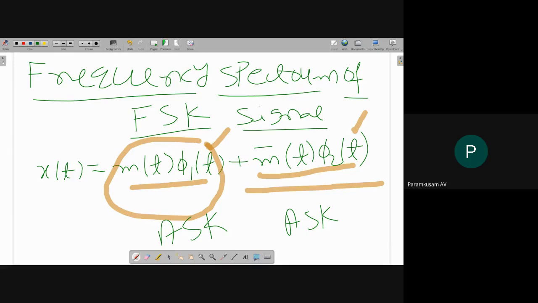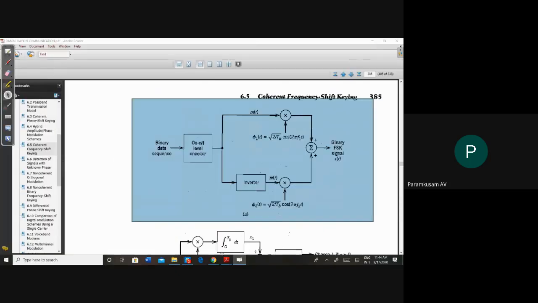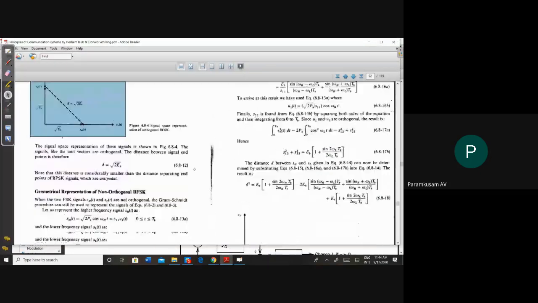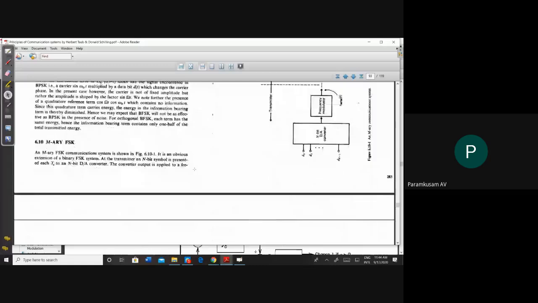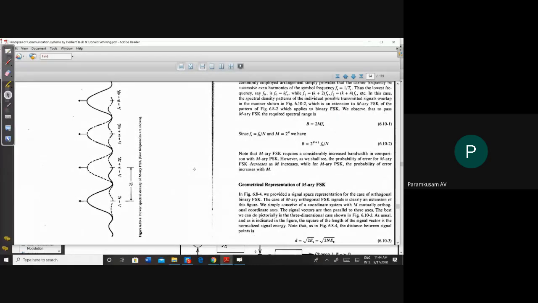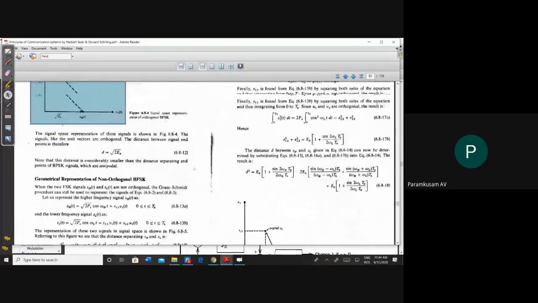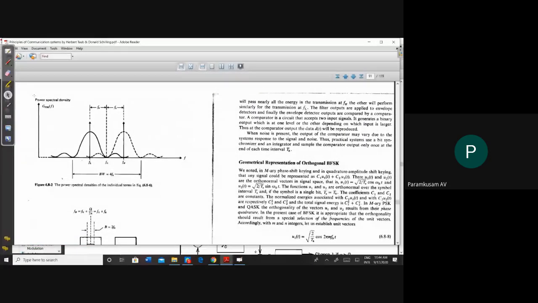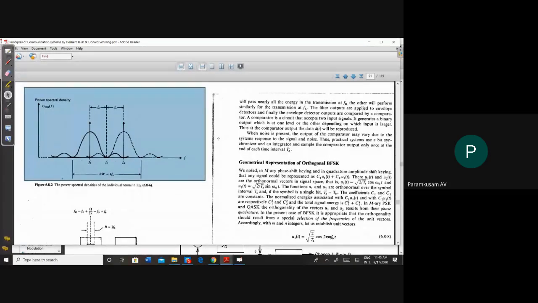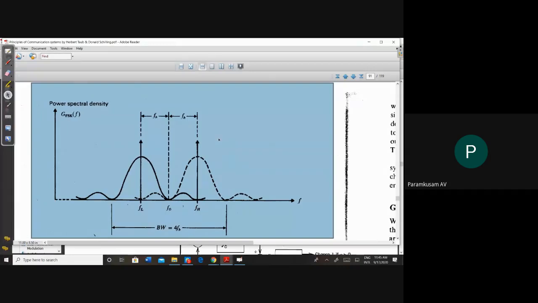Please note the FSK signal can be viewed as the sum of two ASK signals. Then the frequency spectrum of the FSK signal is shown in the figure below.